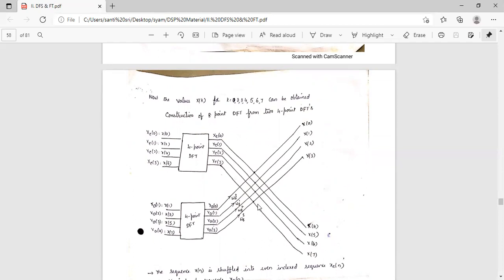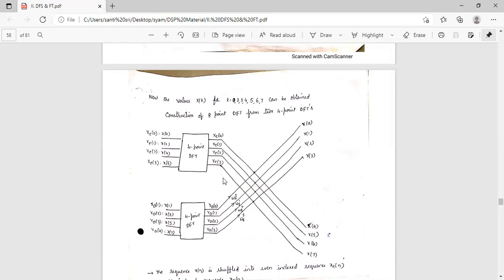Construction of 8-point DFT from the 4-point DFTs. It is divided into two 4-point DFTs. So xe of 0 equal to x of 0, xe of 1 is x of 2, xe of 2 is x of 4, xe of 3 is x of 6. Similarly, here the inputs are xo of 0 is x of 1, xo of 1 is x of 3, xo of 2 is x of 5, and xo of 3 is x of 7.